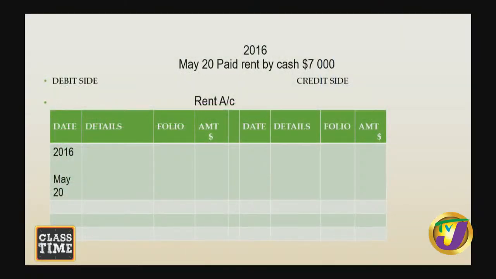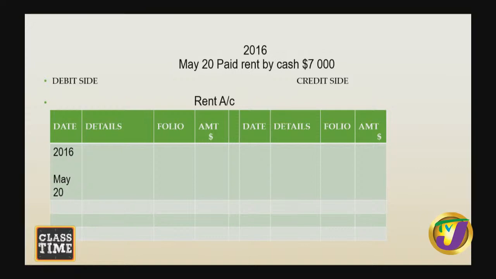Now, let's demonstrate in the ledger. You would have had your ledger sheet drawn up, right? You must be proactive. Stay ahead of Miss, all right? So here we are in the rent account. We incurred an expense, so we increased expense. So we are going to go on the debit side of the rent account. It was on May 20, 2016.